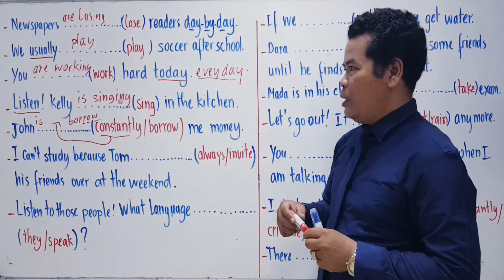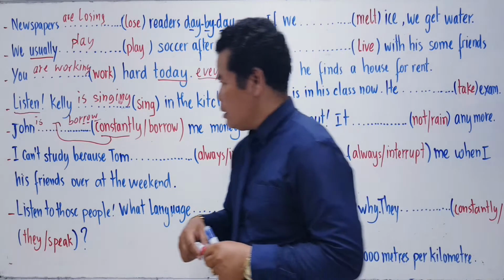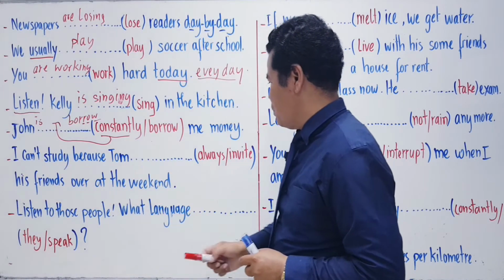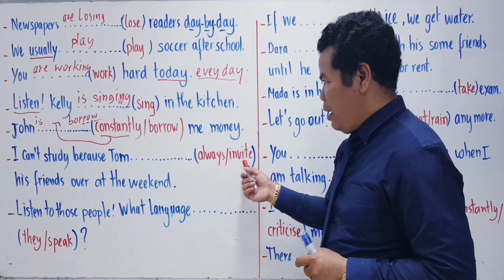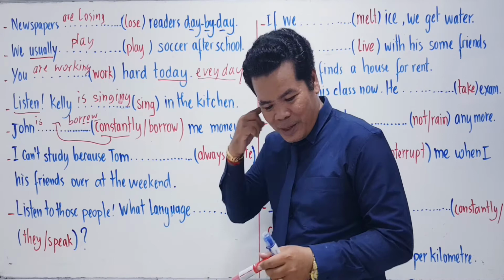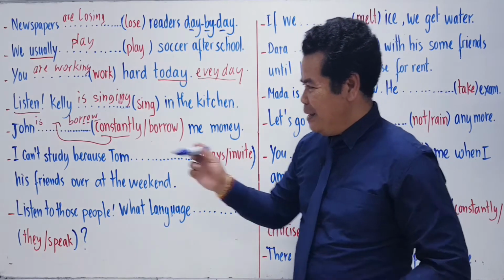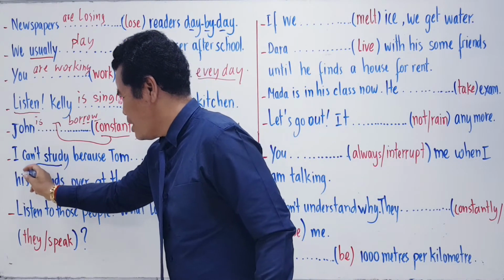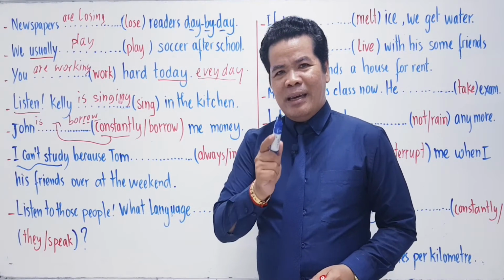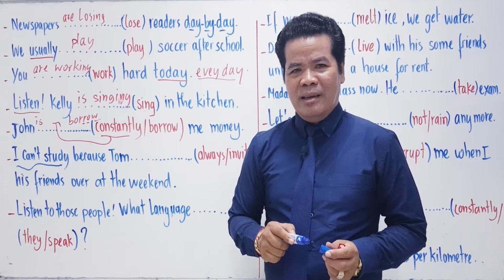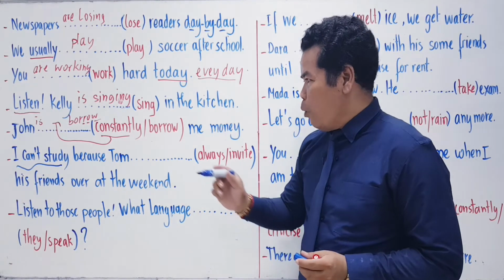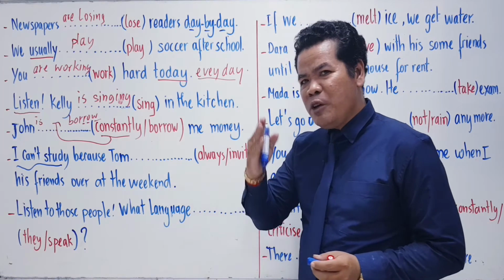So let's go to the next exercise. I can't study because Tom always invite his friend out over at the weekend. Look at the first sentence. Is this sentence used as positive in meaning or negative in meaning? It is not positive. It must be negative in meaning. So, what do you say in here? You feel not happy.